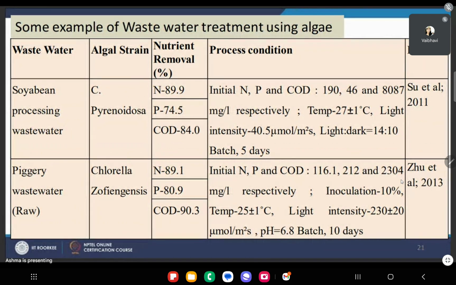Here the nitrogen removal is 89.9%, phosphorus 74.5%, and COD 84% by the C. pyrenoidosa algal strain. Next is piggery wastewater. Here also nitrogen removal is 89.1%, phosphorus 80.9%, and COD 90.3%.